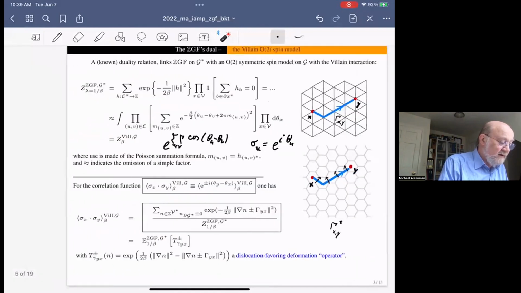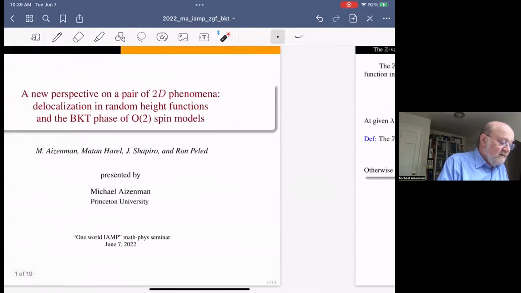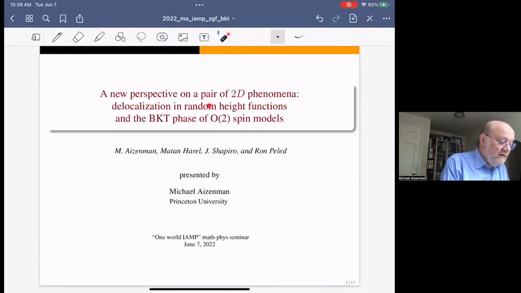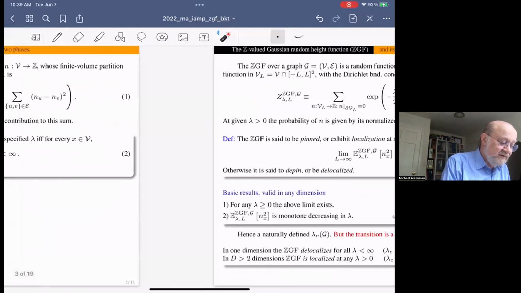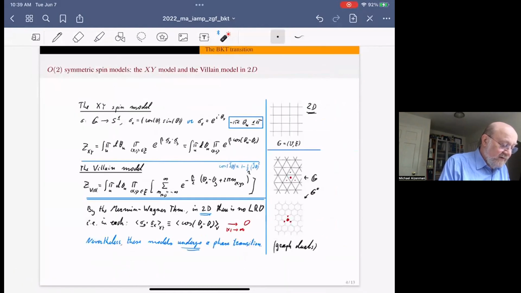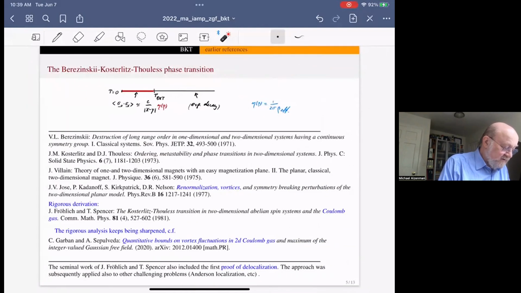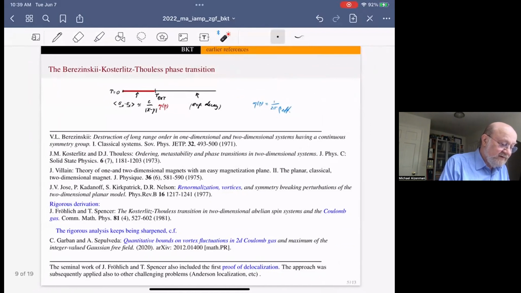To go back to the beginning, we talked about delocalization of random height functions and the BKT phase transition. Both were initially established through the Coulomb gas analysis of Fröhlich and Spencer.